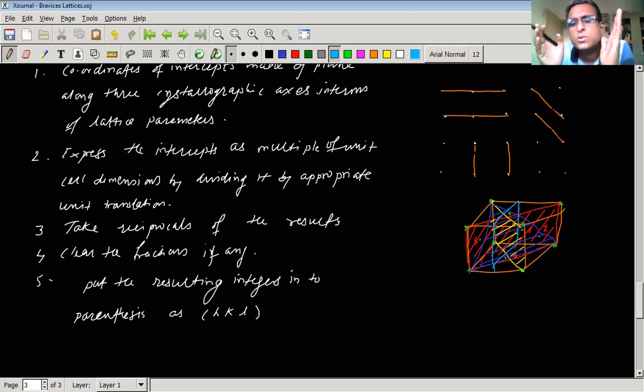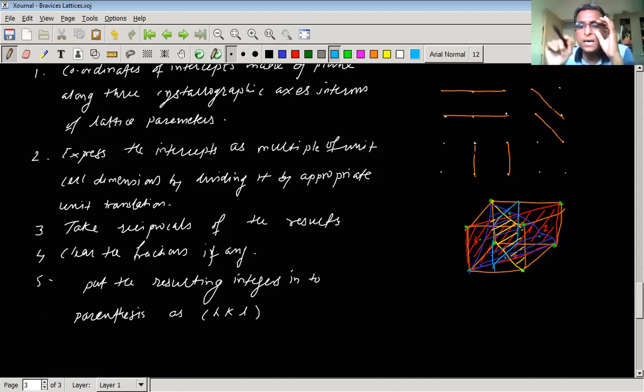So now you may have understood that there can be n number of planes that we can imagine. And the beauty is that if we look at the lattice, different planes contain different numbers of lattice points.